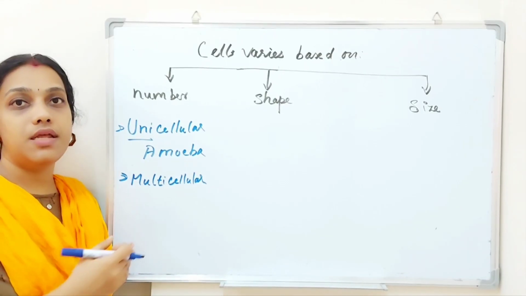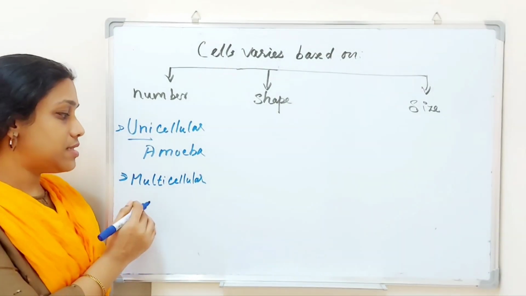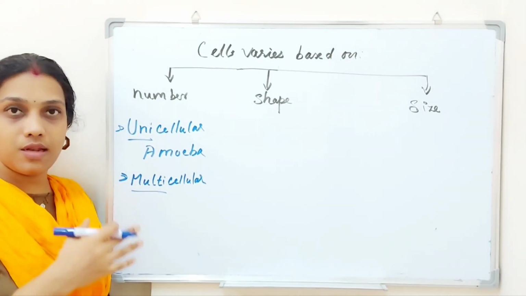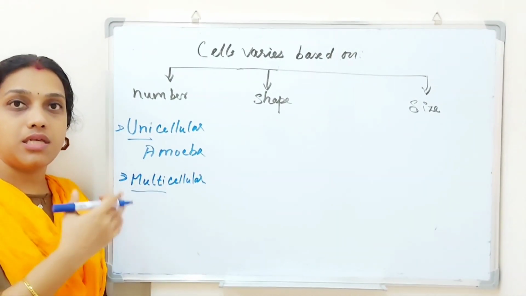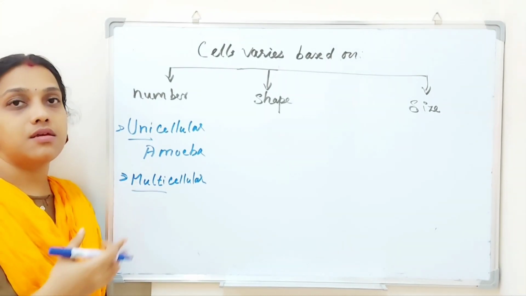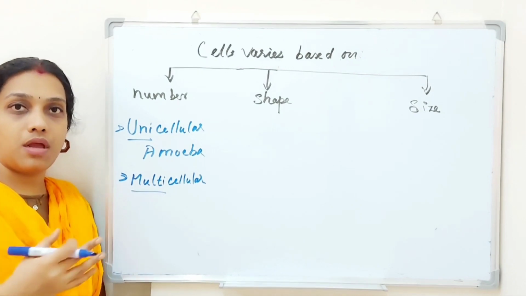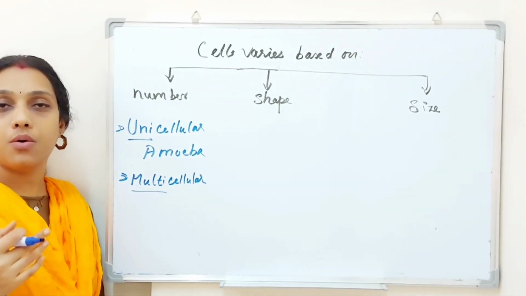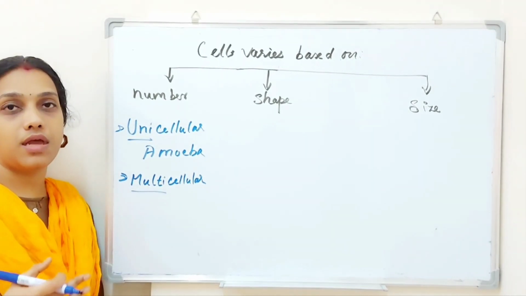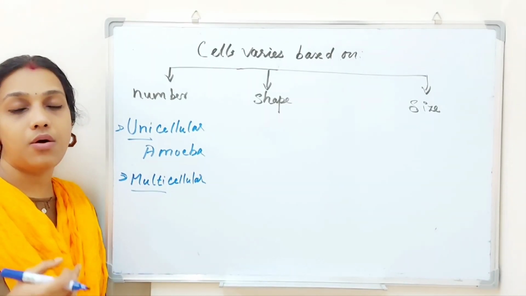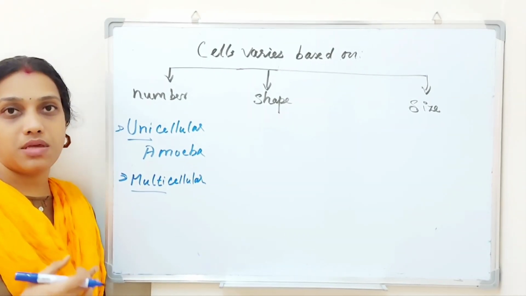Next type is multicellular organisms. Here also we can see that the term multi means many, cellular again it is cells. Multicellular means many cells. So organisms that are having many cells in their body are known as multicellular organisms. Any higher organism, any complex organism comes under multicellular organisms, like human beings.